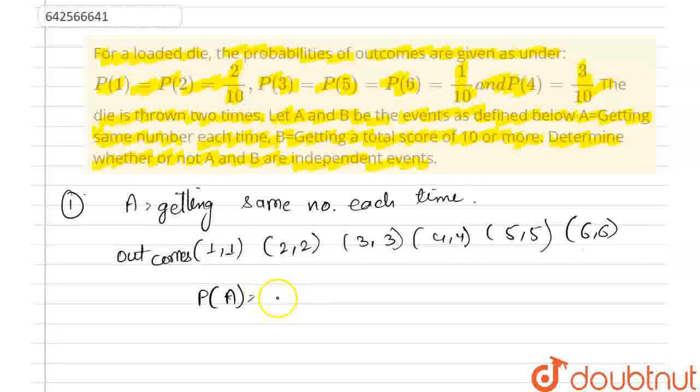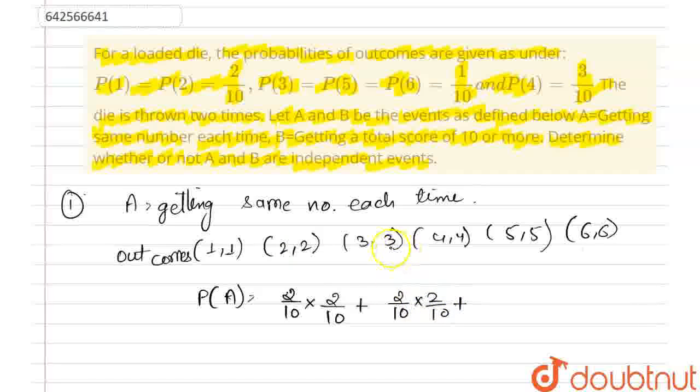So probability of A equals probability of getting 1 two times, so we can write 2 by 10 into 2 by 10, plus probability of getting 2, 2 by 10 into 2 by 10.